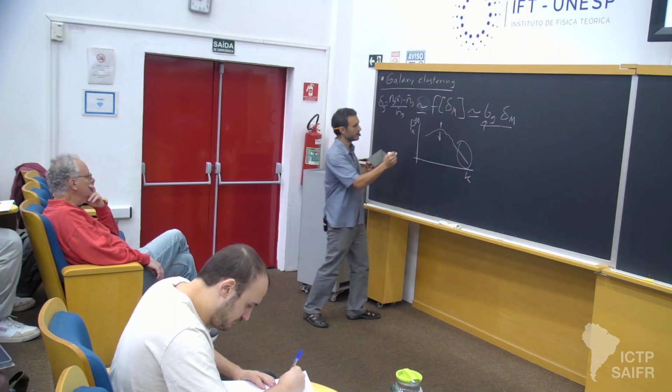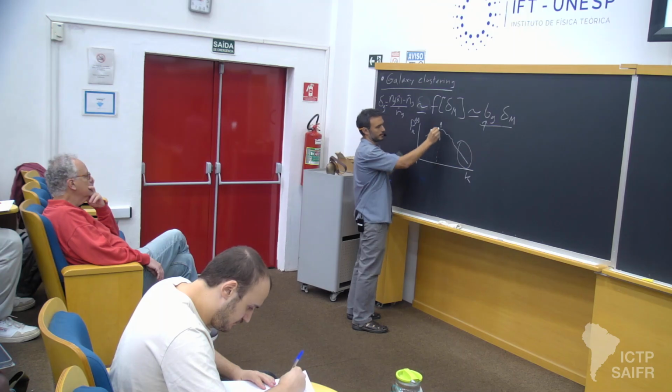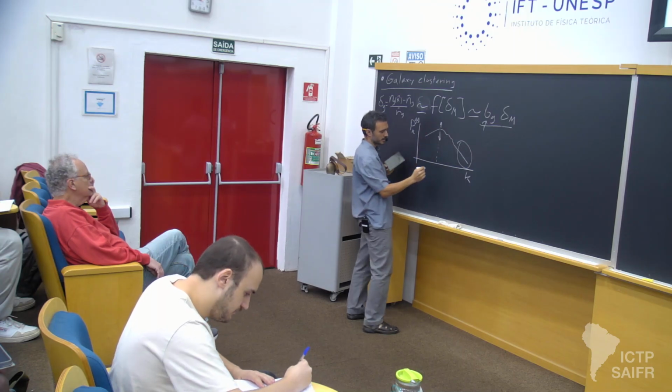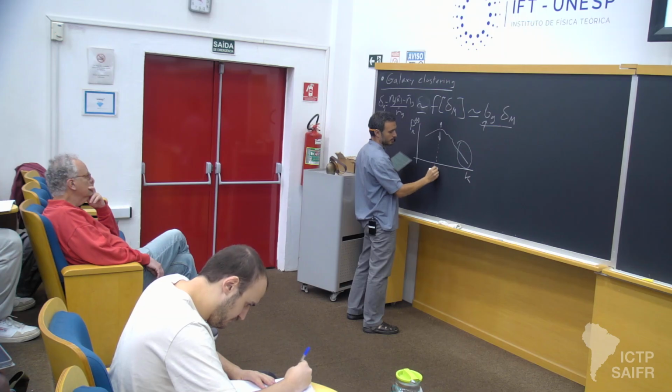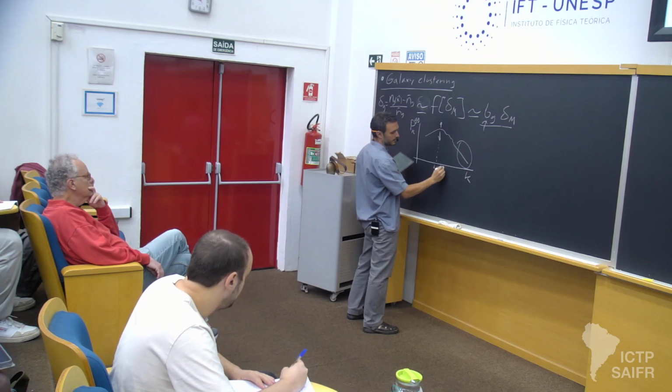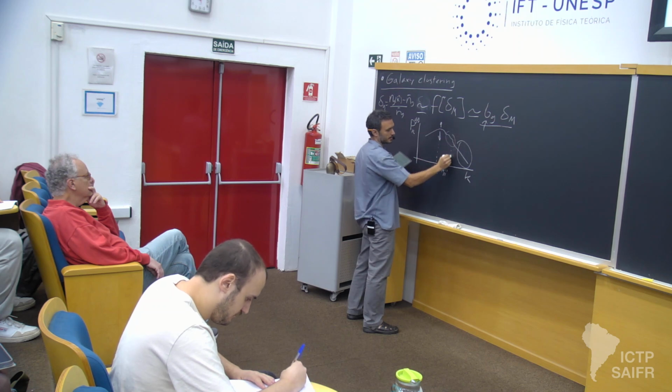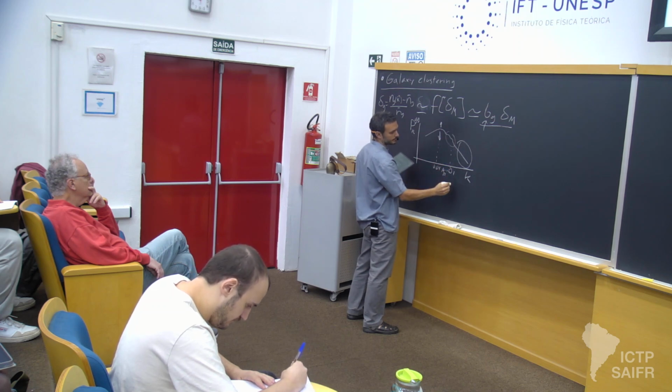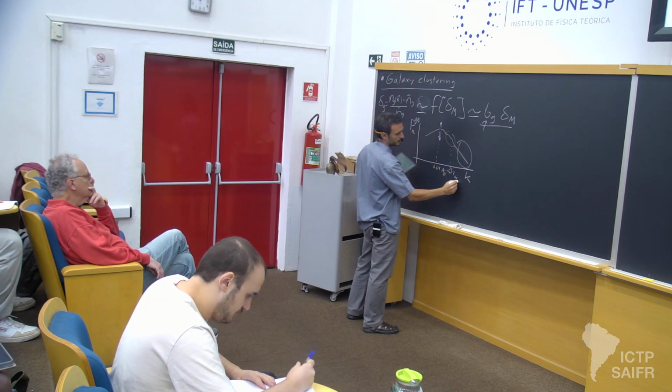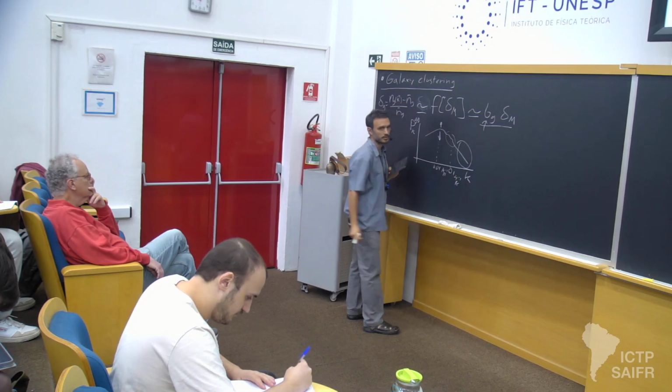And just to give you an idea, what scales are we talking about? The equality scale that defines this peak in the matter power spectrum is about 0.01 inverse megaparsecs. The typical BAO scale is about 0.1 inverse megaparsecs, right?